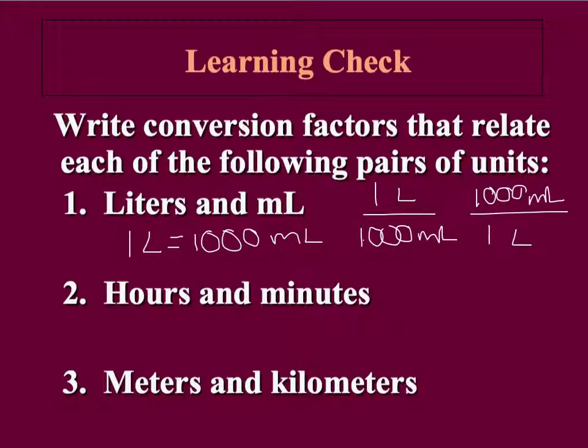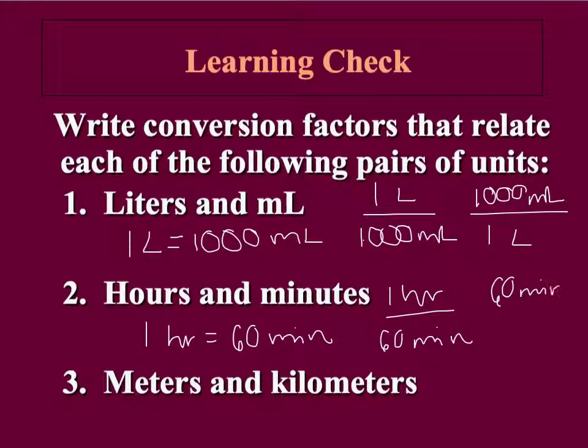What about hours and minutes? We know in every 1 hour, there's 60 minutes, right? So the two conversion factors we can make there are 1 hour over 60 minutes, or 60 minutes over 1 hour. You do the same thing with meters and kilometers. So you try that one on your own. See if you can figure out what the relationship and the conversion factors are for meters and kilometers.